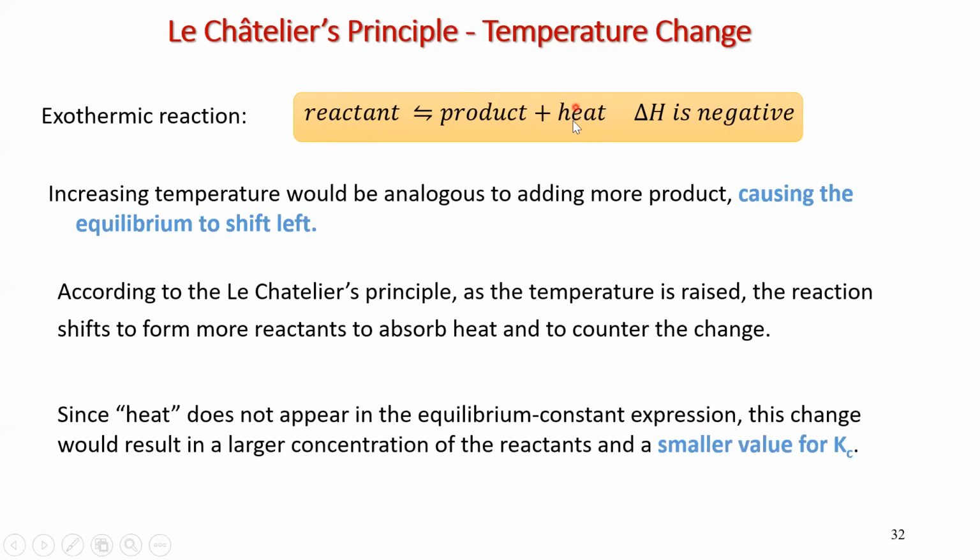And again, if we were to increase the temperature, the equilibrium would shift towards the left, product would go down, reactant would go up, and K would actually be smaller at a higher temperature. Again, temperature is the only thing that's going to be affecting K because K is a constant in all other scenarios.